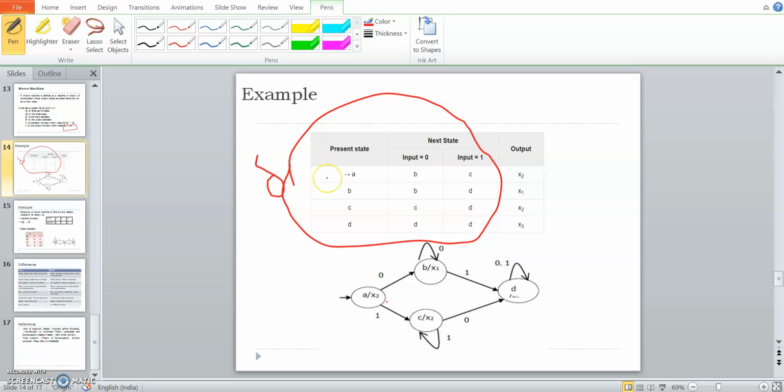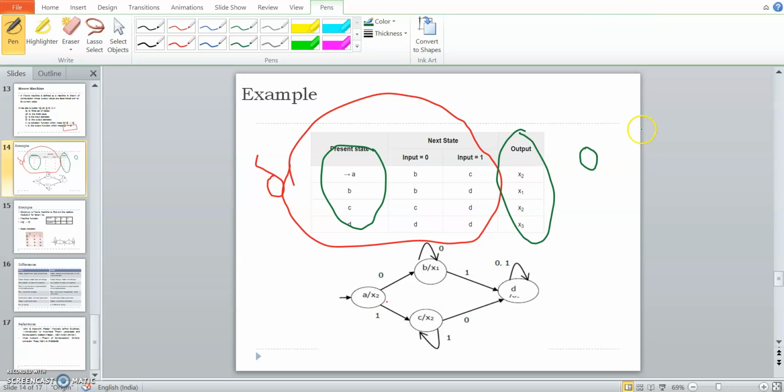Now only the present state and its output, these two things give me the capital O, that means the output function.